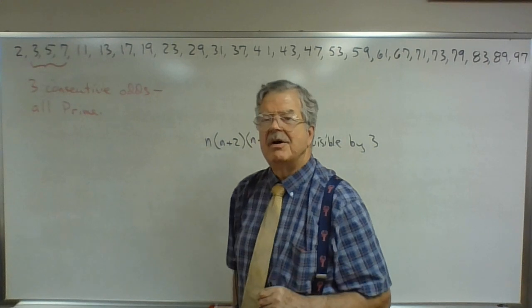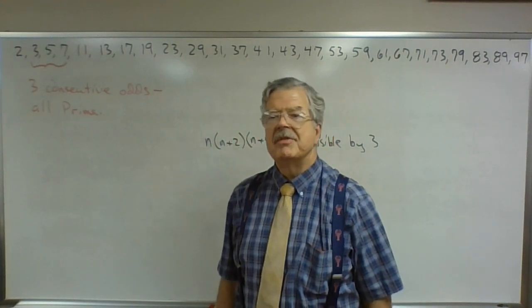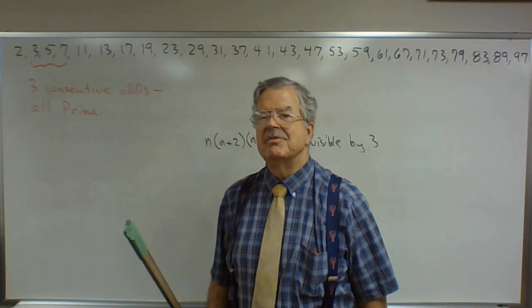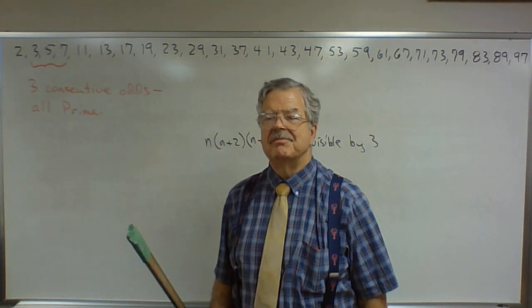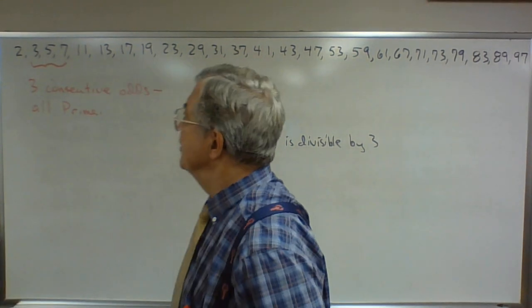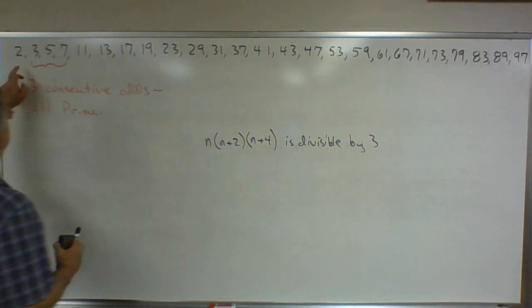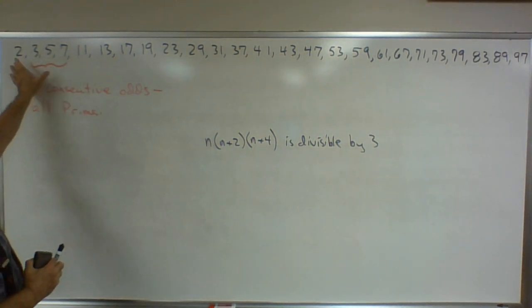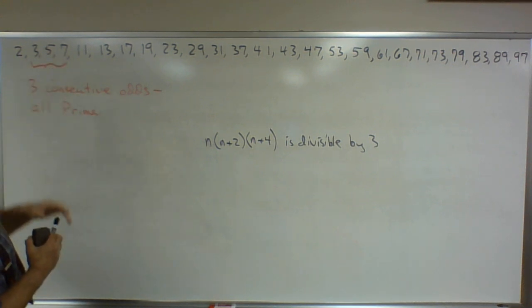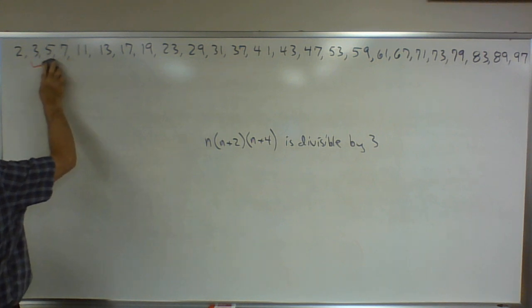Now I started to call it a prime triple, but I think that term is reserved for something else. So we've noticed 4 prime numbers grouped very close together, 3 of which constitute 3 consecutive odds, all of which are prime.